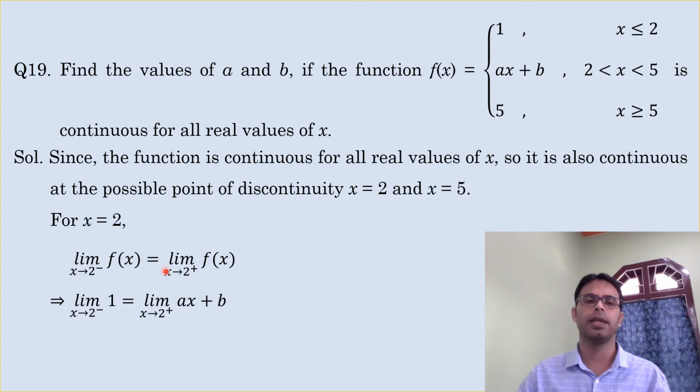For 2 plus, meaning greater than 2, f(x) is ax plus b, writing here, making h on the right side. This one limit is 1. As h tends to 0, x equal to 2 plus h is here, then plus b, then using h equal to 0, it will be 2a plus b is equal to 1.